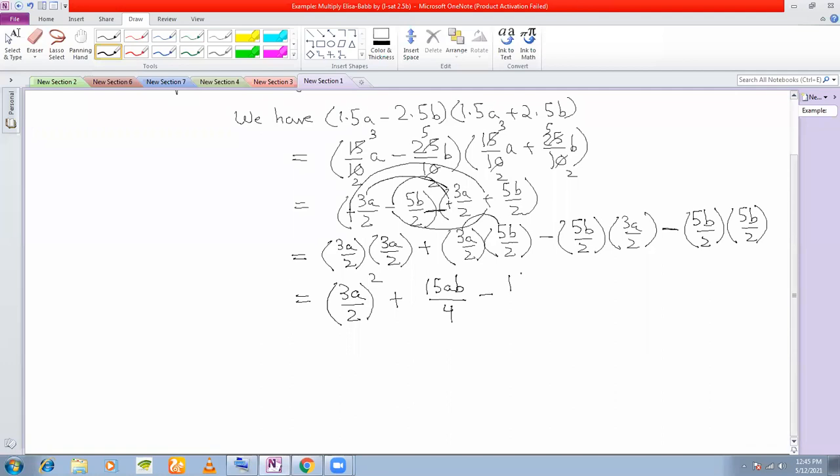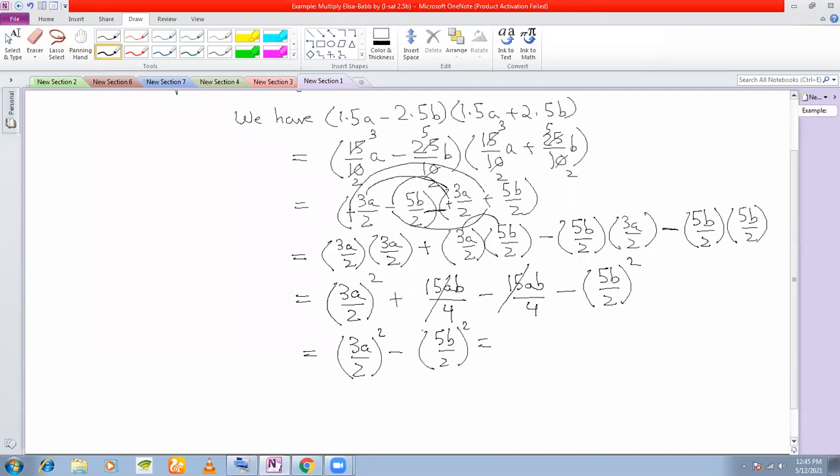Similarly here, it will give you 15ab by 4, and here this will be 5b by 2 whole square. So what you get here is this, and these will cancel because plus and minus signs are there. So you ultimately get only 3a by 2 whole square minus 5b by 2 whole square.